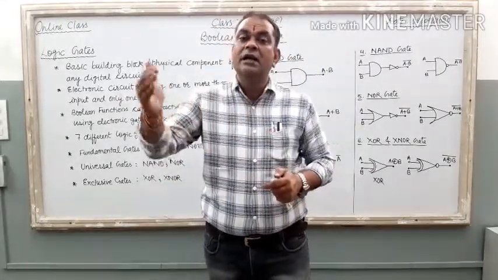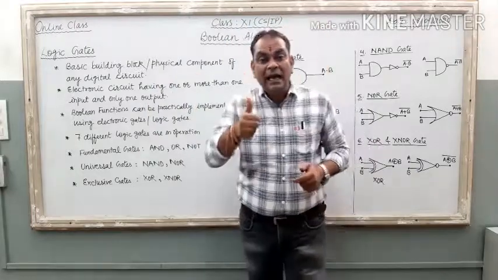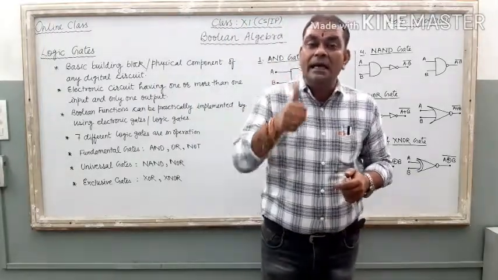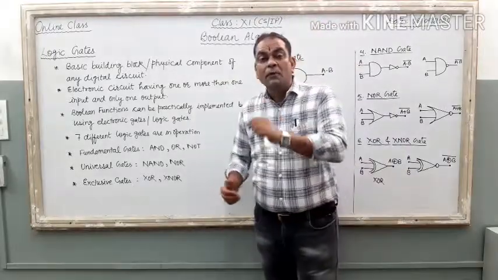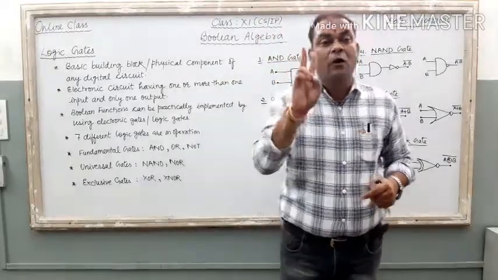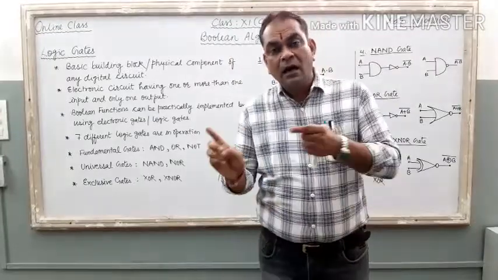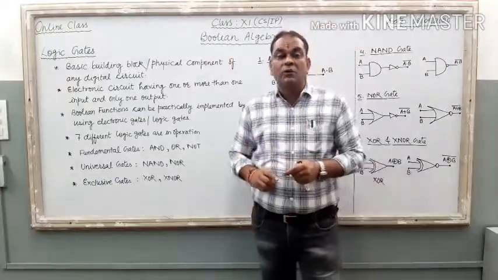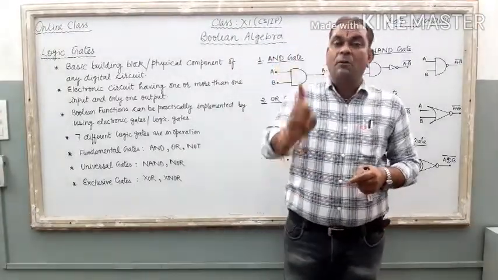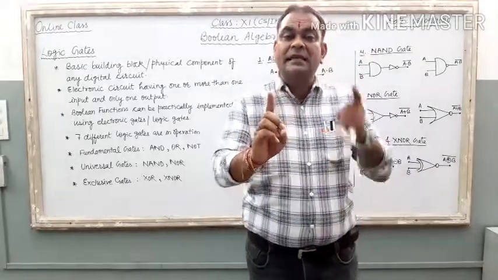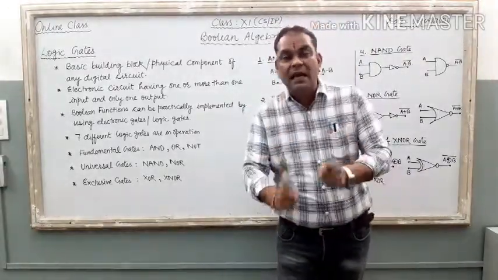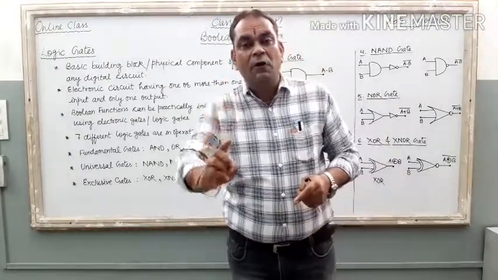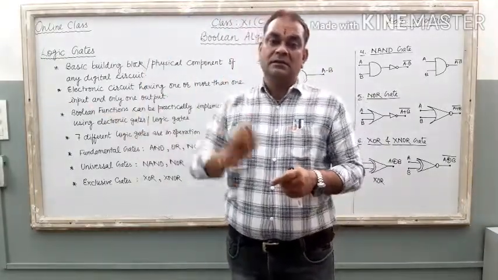ALU is a mathematical department of our PC, and ALU can perform two different types of operations. What are the names of these two operations? ALU can perform arithmetical operations, it can solve arithmetical calculations, as well as logical operations.